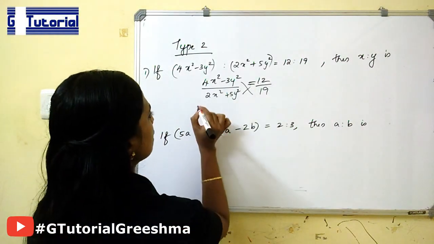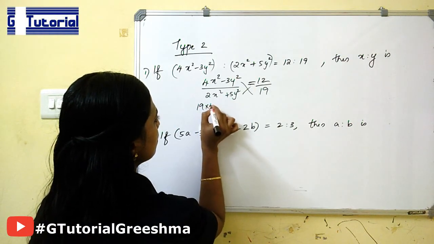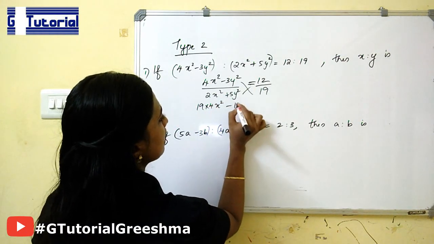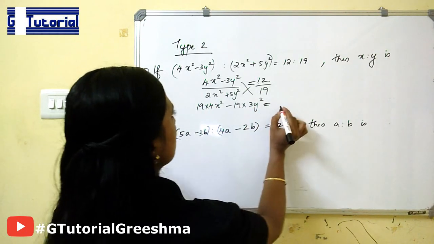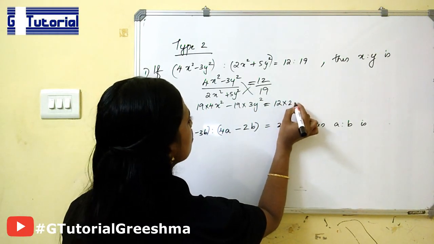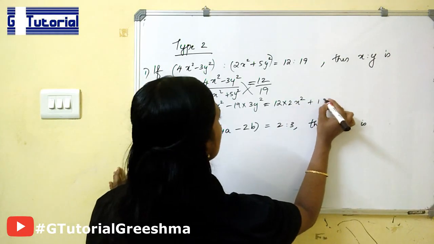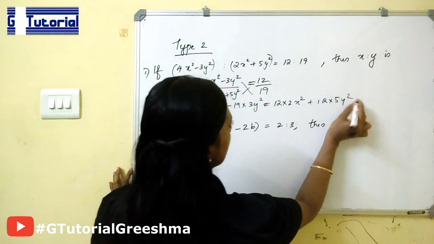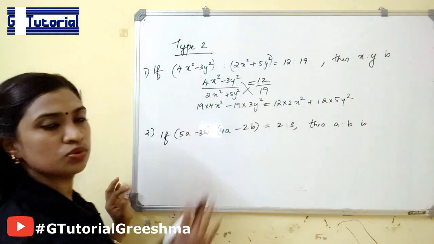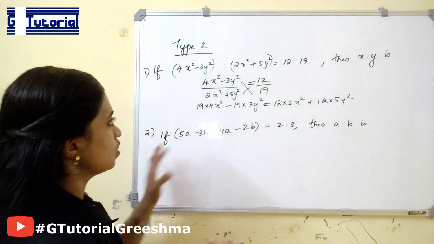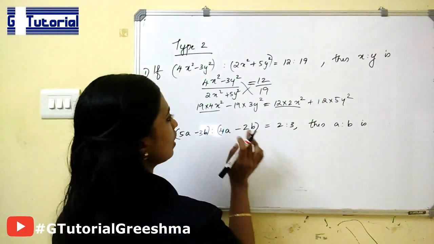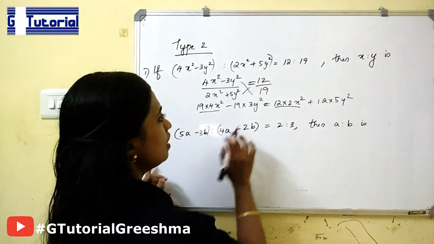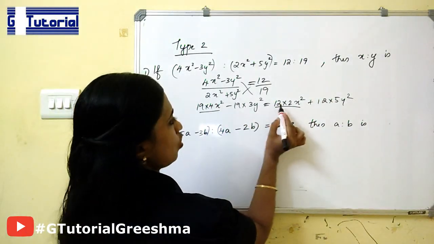So 90 into 4x square minus 90 into 3y square, I am not solving, I am just keeping it as such, equals 12 into 2x square plus 12 into 5y square. Taking x terms to one side and y terms to the other side. Here x square is common, and 4 is common.